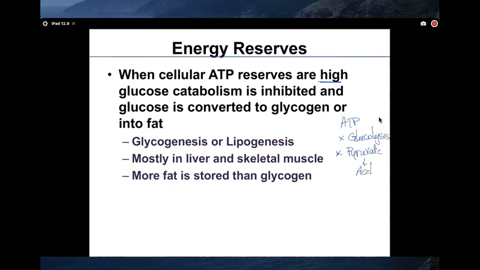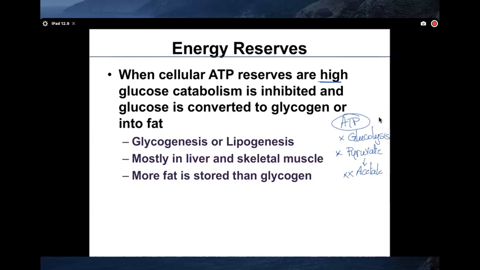This means that you're going to be stopping all the Krebs cycle, all the electron transport chain, all the oxidative phosphorylation. All this is going to stop. If you do have a lot of ATP in your cells, you don't need more ATPs in your cells. So what's going to happen? You're going to be blocking all the previously discussed reactions.